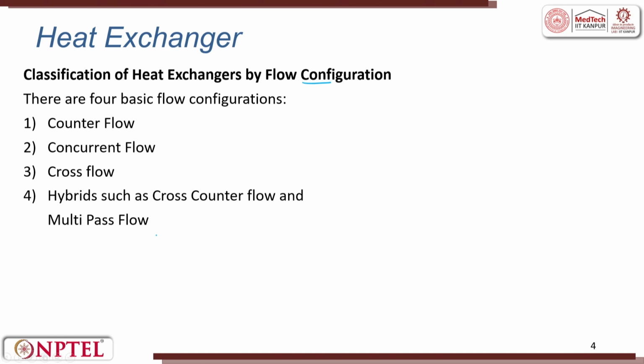There are 4 types of flow configuration: counter flow, you can have concurrent flow, you can have cross flow, you can have hybrid flow, which is hybrid between cross flow and multi-pass flow. These are different types of flow configurations.